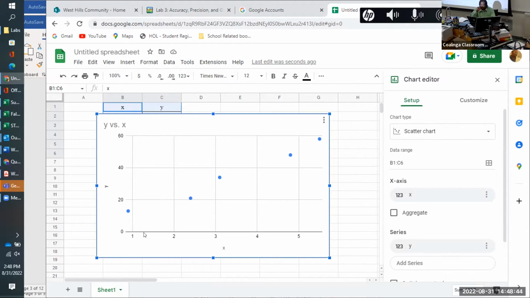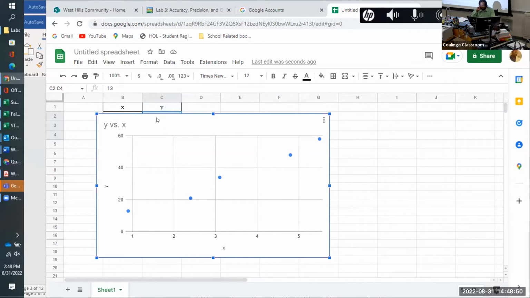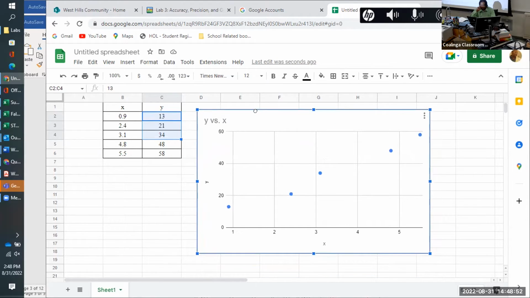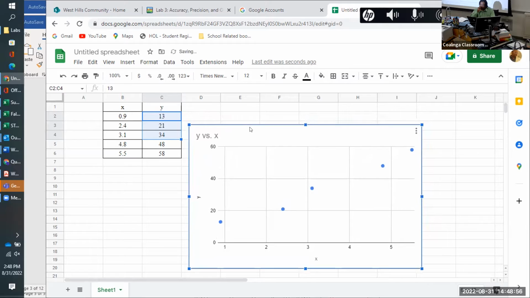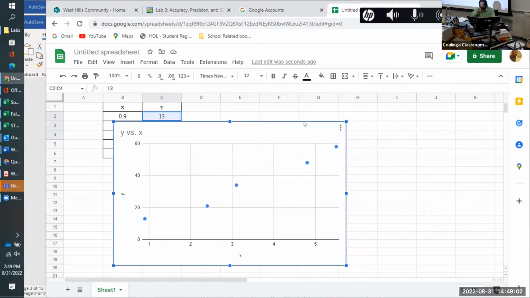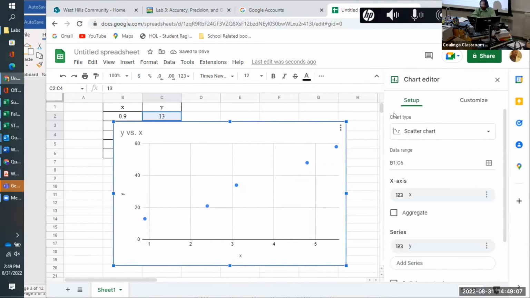Now you'll notice the X is already in the X, the Y is already in the Y. So you want to go to your edit window.